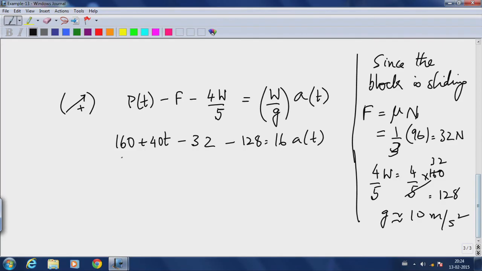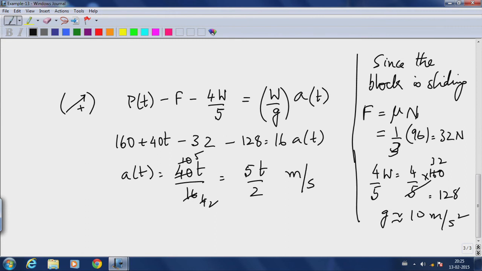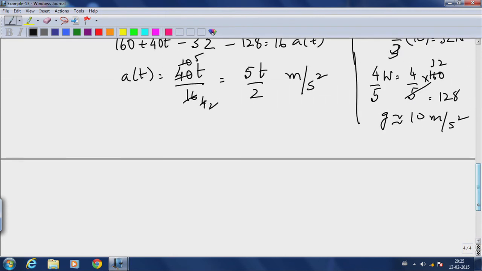So, I can quickly do this. 160 minus 32 minus 128 is simply, so this is a of t equals 40 t divided by 16, which is 5t over 2, and this has units of meters per second squared.